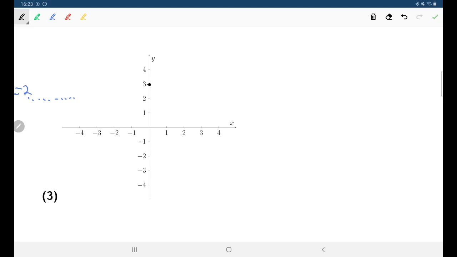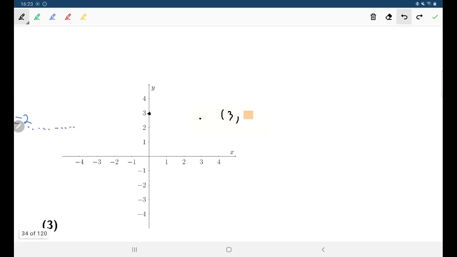The other 2 points I have to be a little bit careful about. So originally I had the point 3, comma e. That was originally my point here, and I'm going to shift it upwards by 2. And so when I shift it upwards by 2, I do that by adding 2 to the y value. So the y value would be e plus 2.